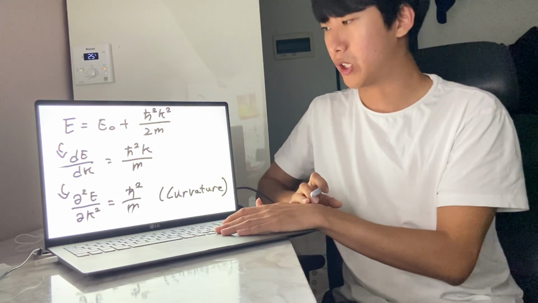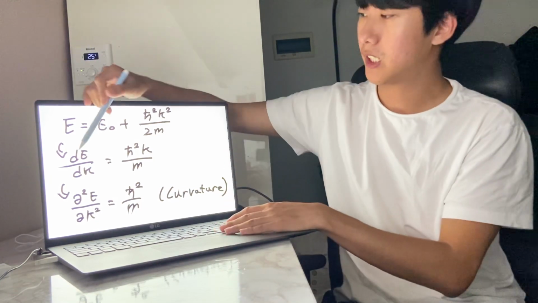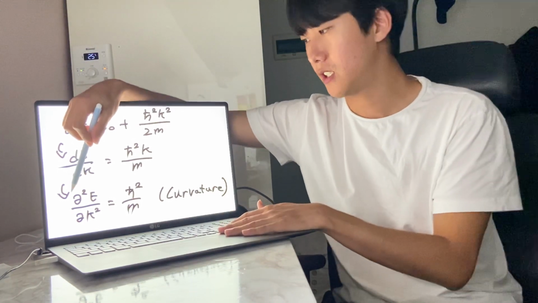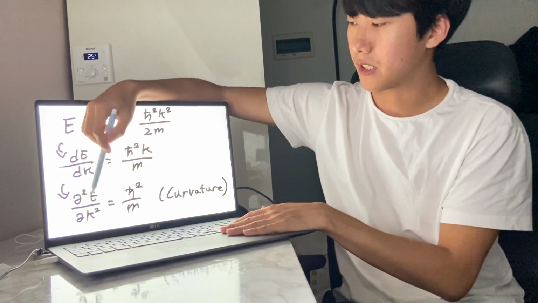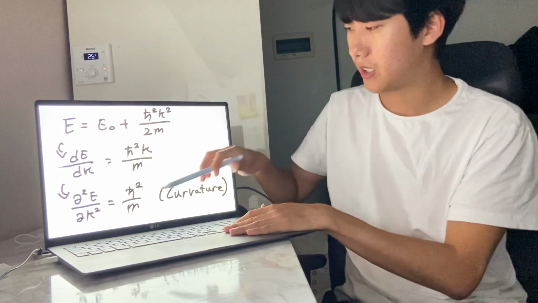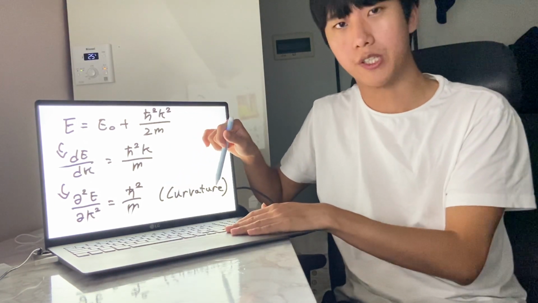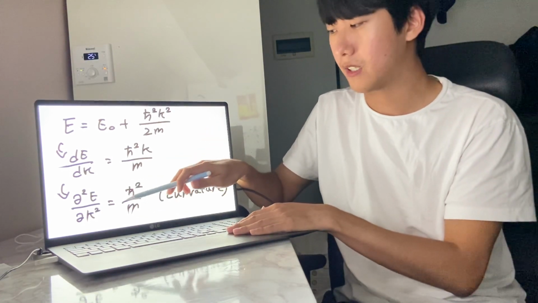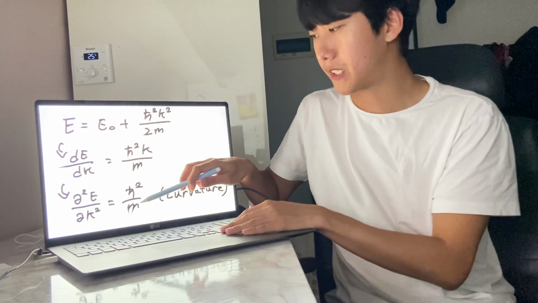To know the acceleration we take one more differentiation, which is called curvature, and by using this formula we can find the effective mass M.